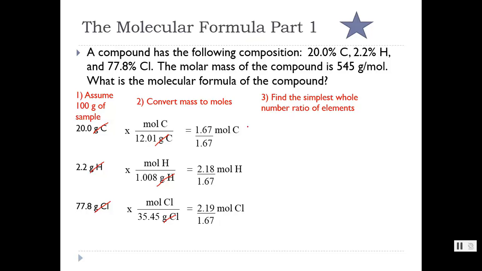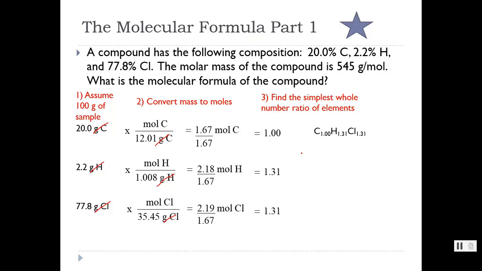Doing that for the elements, for carbon that becomes a big fat 1. For hydrogen and for chlorine, we get 1.31. And so now here's where I was talking about the times when you cannot round numbers when using them as subscripts for your empirical formula.